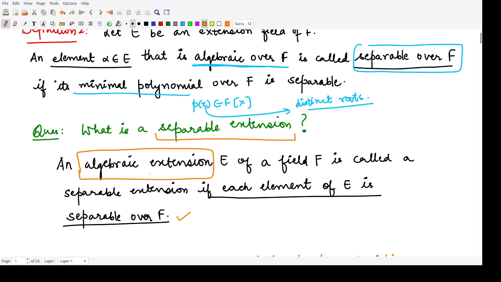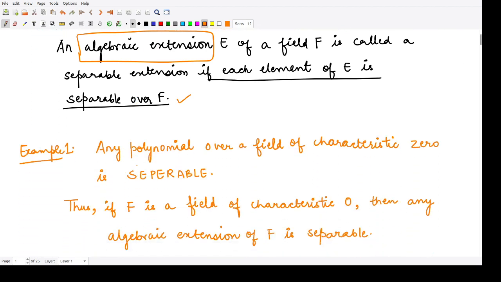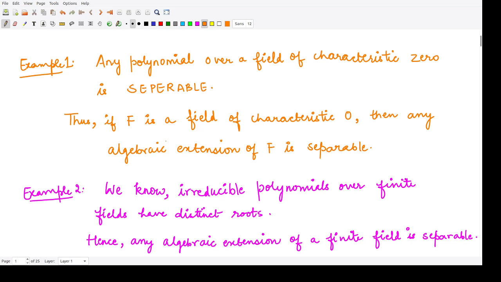That means it could be broken into distinct roots. So we see the example. The example says that a field of characteristic 0 is separable. Do you know any field of characteristic 0? That is the field of rational numbers. So this field is a separable field.